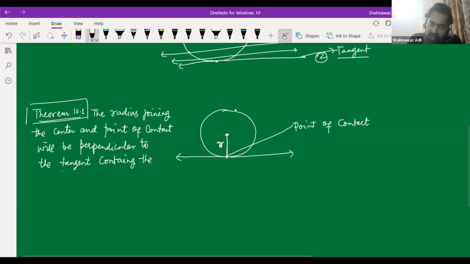Only the tangent containing the same point of contact.